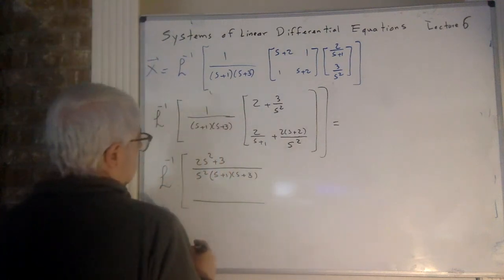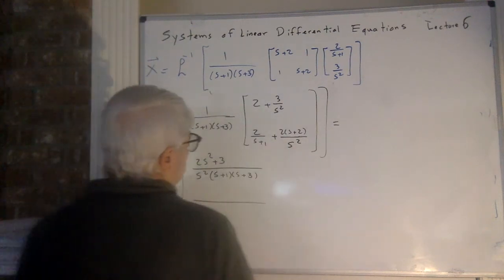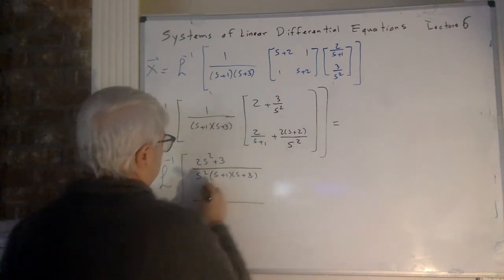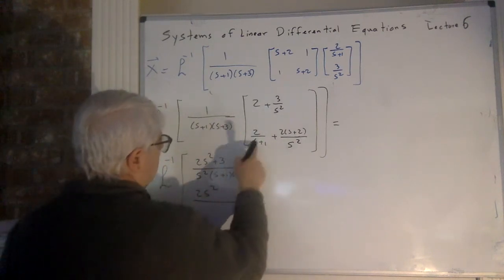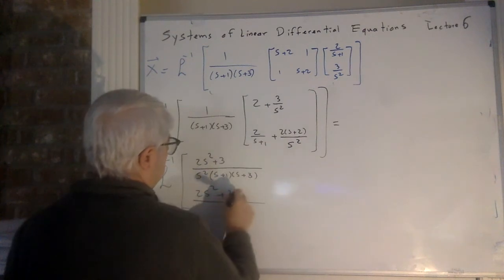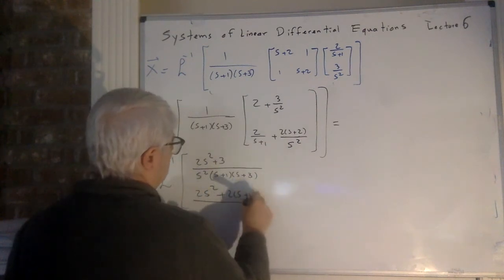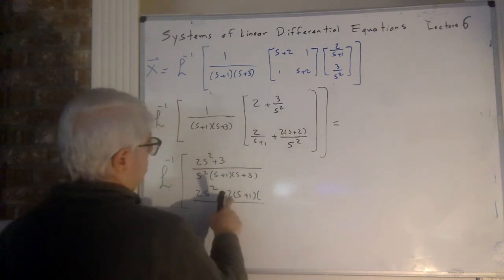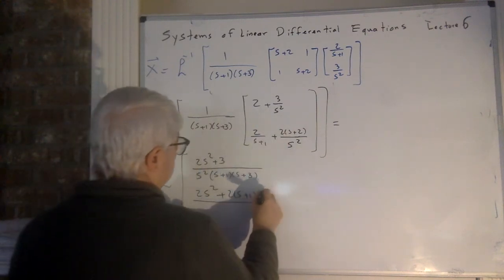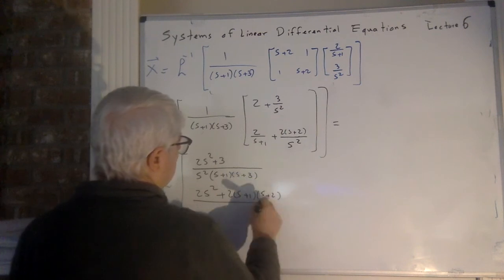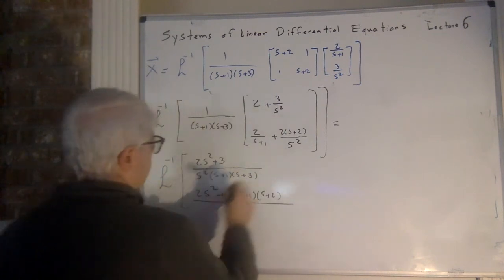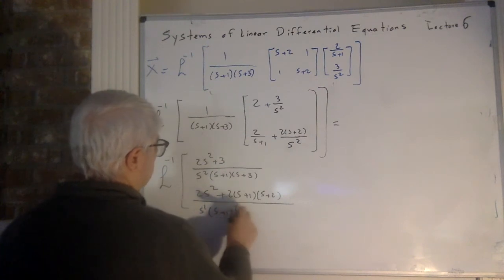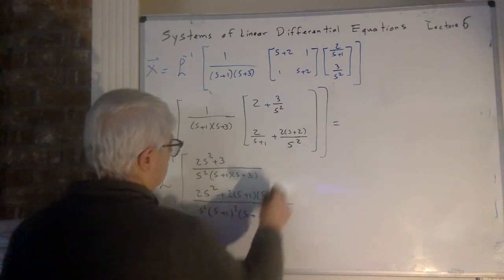Okay, so that one is 2 times s squared, 2s squared plus 2s plus 1 times this. I wrote down the 2 outside, s plus 2, and the whole thing is divided by s squared times s plus 1 squared times s plus 3.